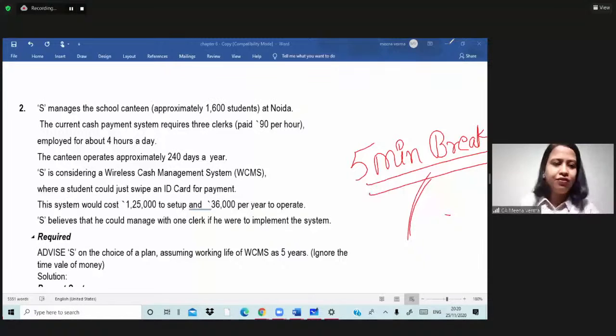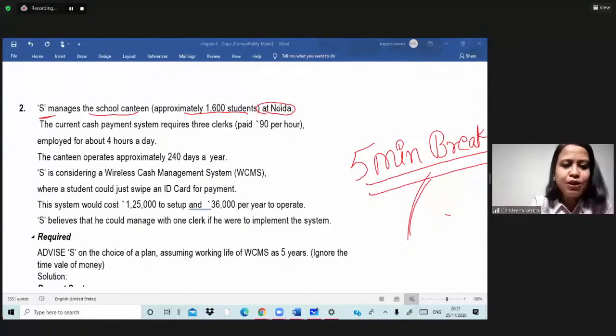Okay, so we have a school canteen. They are talking about a school canteen. Mr. S manages the school canteen, and there are approximately 1600 students. The school canteen is at Noida.